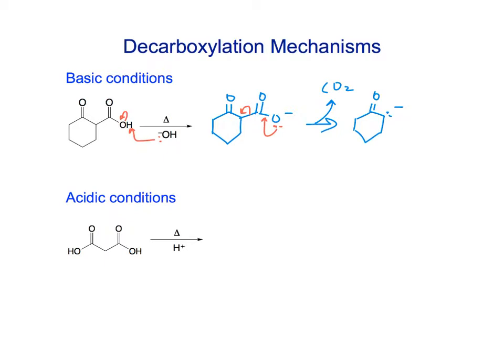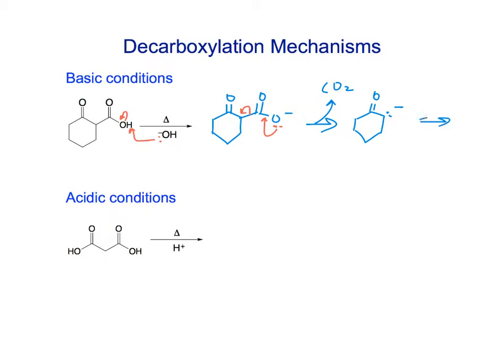Okay, so what's our product that we've formed so far here? What do we call that? It's an anion, a carbanion, but it's a special kind. It's an enolate.